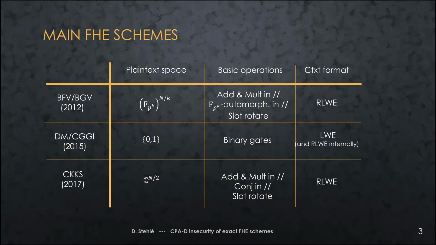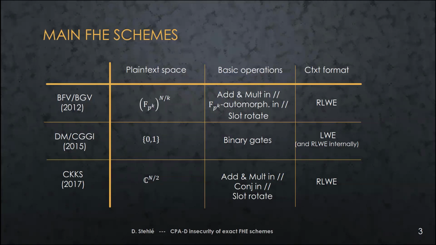If I move to the second family, DM, CGGI, also known as FHEW and TFHE, the native plaintext space is bits. You have extensions with small integers, like 4-bit integers. The basic operations are binary gates on those bits, and the ciphertexts are in LWE format, except that you use ring LWE internally.